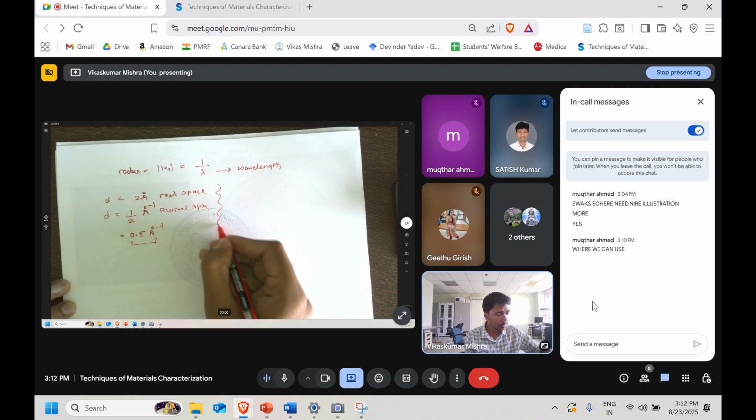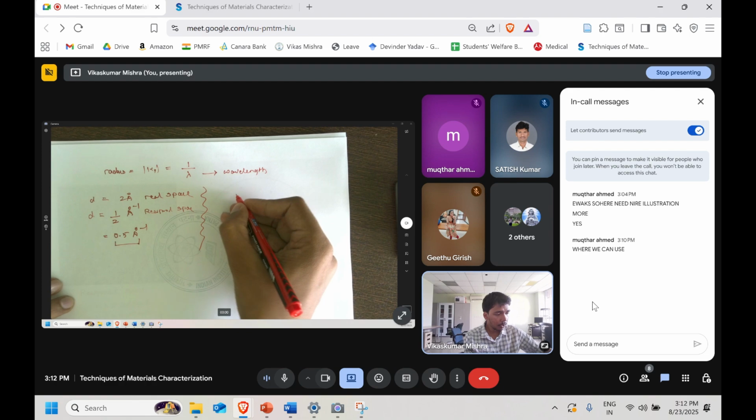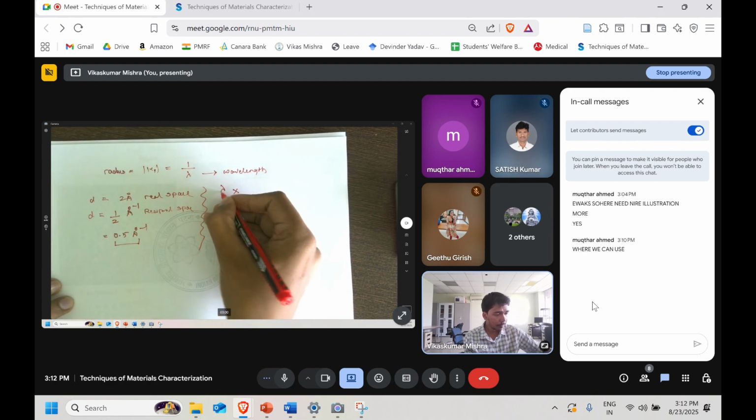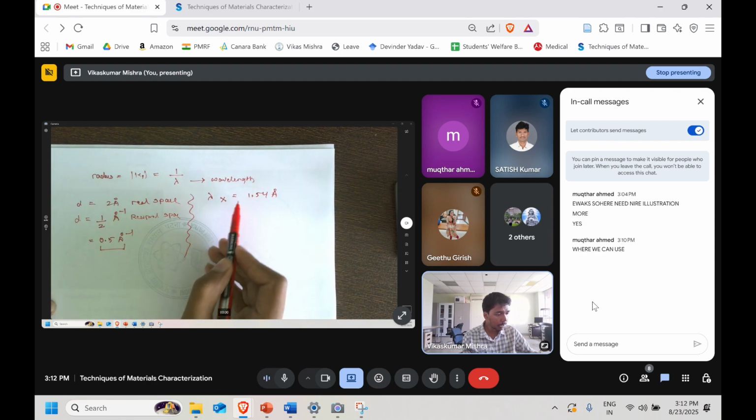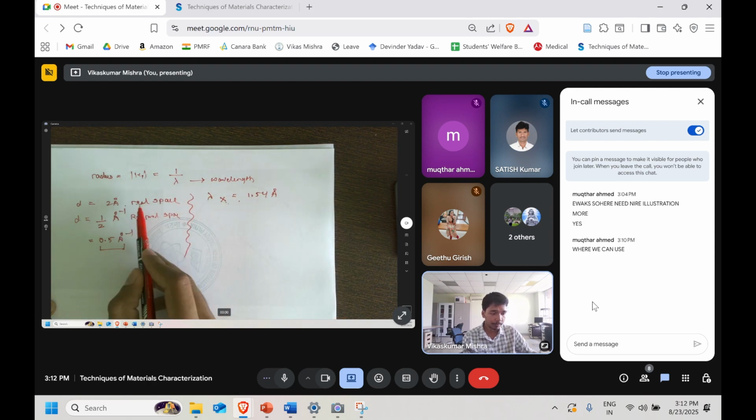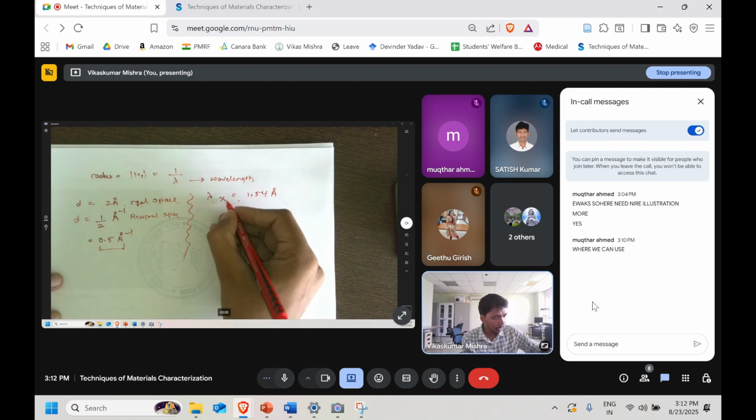Now, see the wavelength. The wavelength of the X-ray is around 1.54 angstrom, more or less close to the d spacing of the atoms in a crystal, right? In general, for a crystal, if we are talking about the X-ray.